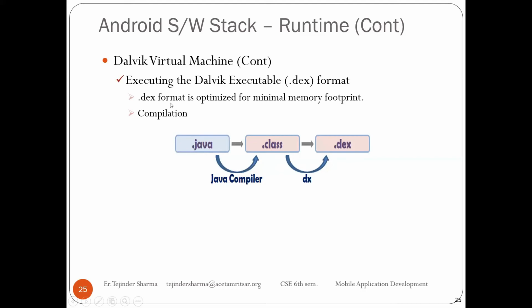Because the class file converted by the Java compiler will take much more memory than the Dex format. So the Dex format, or Dalvik executable format, is optimized for minimal memory requirements, so that you can compile it with minimal memory and deploy it onto your mobiles.